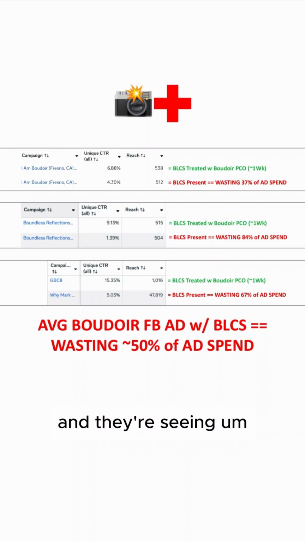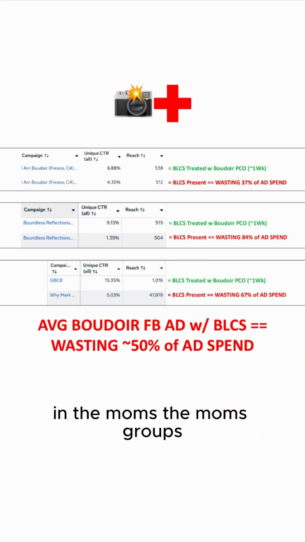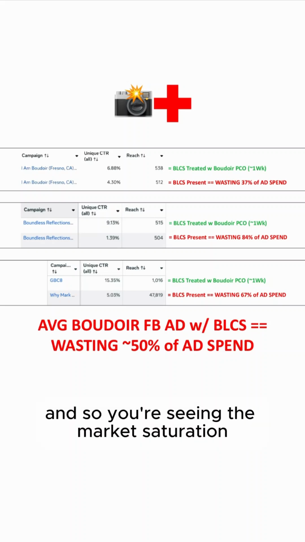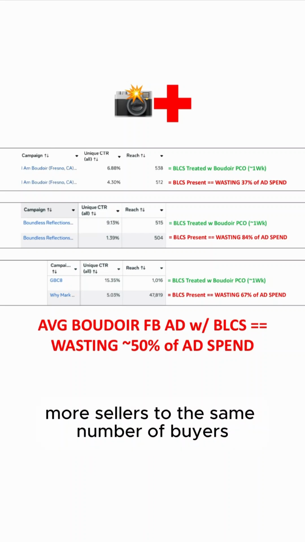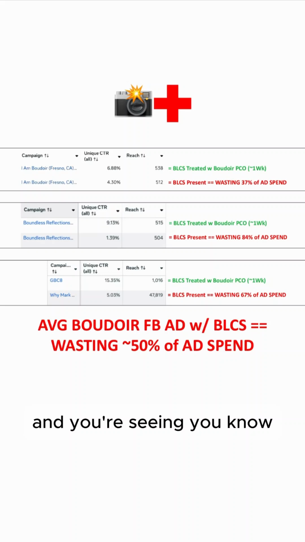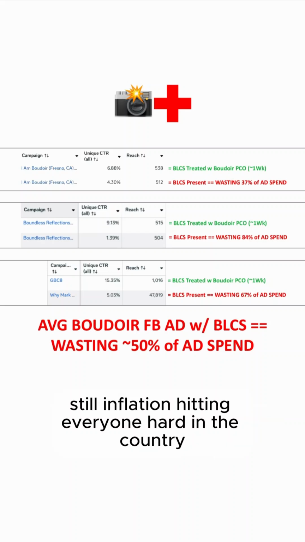And anytime someone gets a new camera, seems like they're offering boudoir photo shoots in the moms groups. And so you're seeing the market saturation, competition heat up, more sellers for the same number of buyers. And you're seeing inflation still hitting everyone hard in the country.